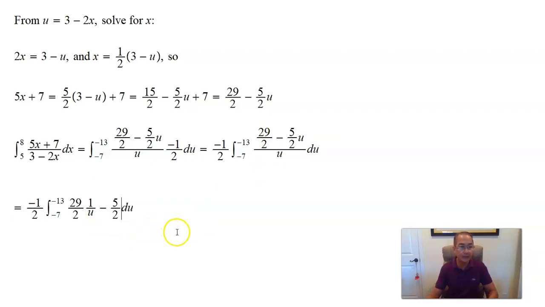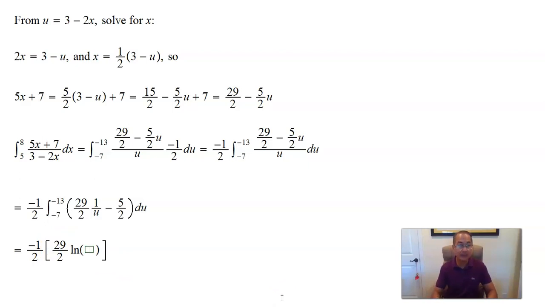Okay, so let's clean that up. That's just minus 5/2, and we should wrap this whole thing in parentheses. So 29 over 2 times 1 over u minus 5/2 by itself. That's just a constant. Okay, so we are ready to integrate. Our antiderivative is 29 over 2 ln of absolute value of u.